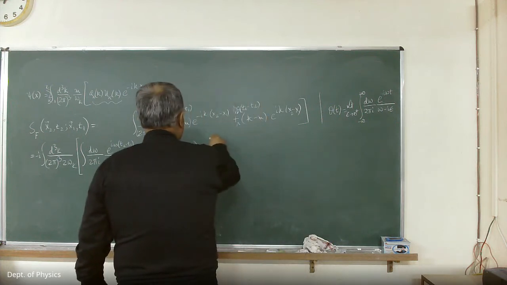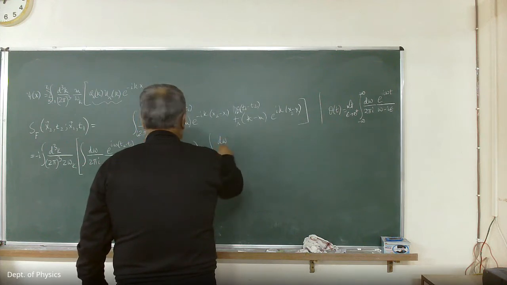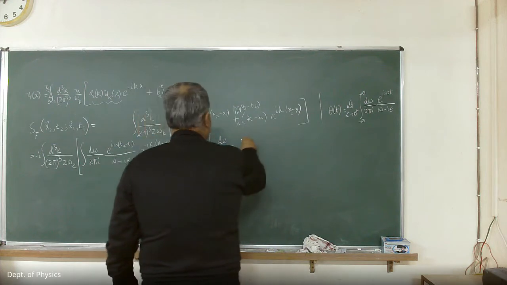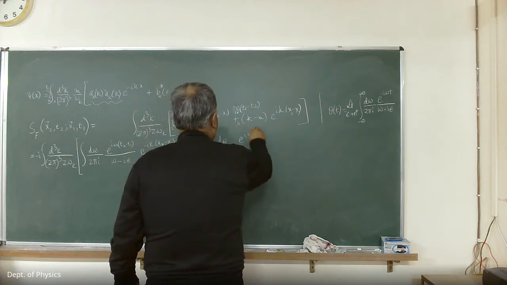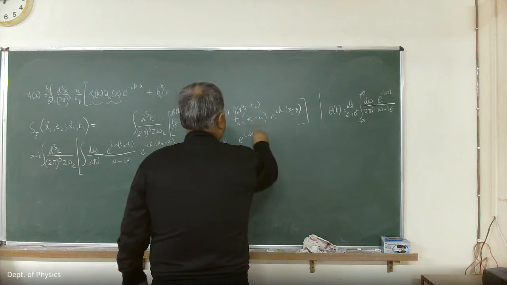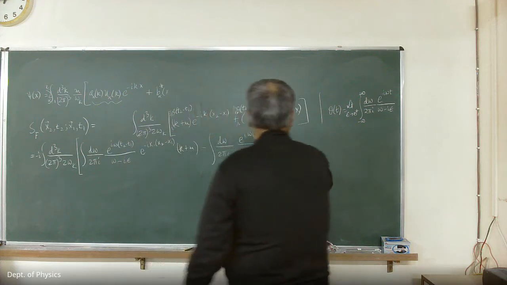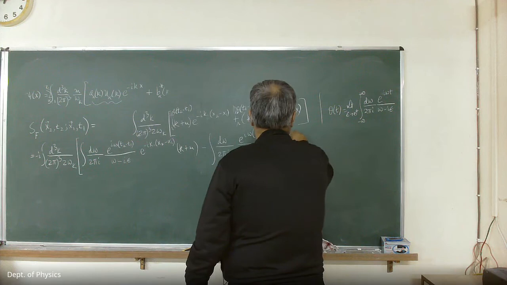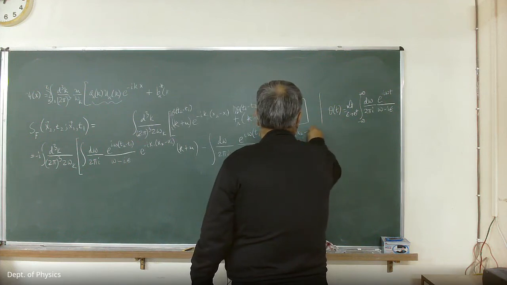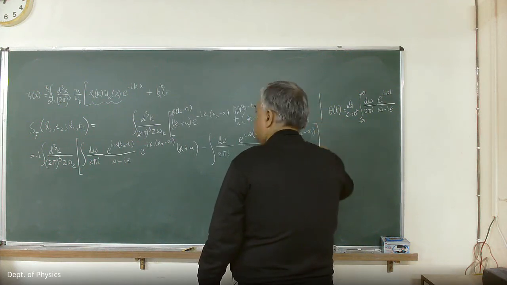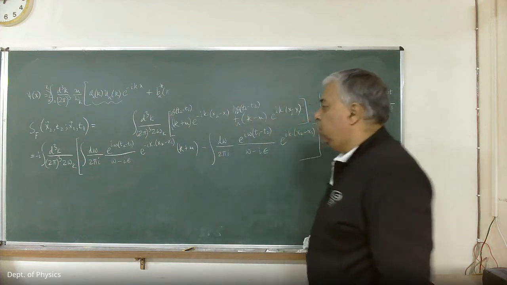So again, it will be d omega by 2 pi i, e to the power i omega t1 minus t2 by omega minus i epsilon, e to the power i k dot x2 minus x1.